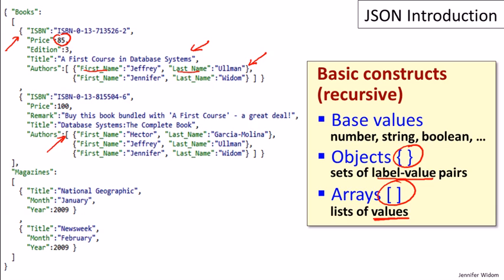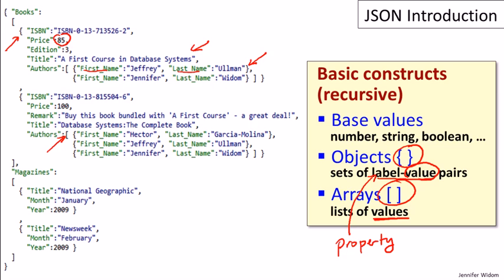They can be other arrays or objects, base values. And the values making up the label value pairs in objects can also be any composite value or a base value. And I did want to mention, by the way, that sometimes this word label here for label value pairs is called a property. So just like XML, JSON has some basic structural requirements in its format, but it doesn't have a lot of requirements in terms of uniformity.